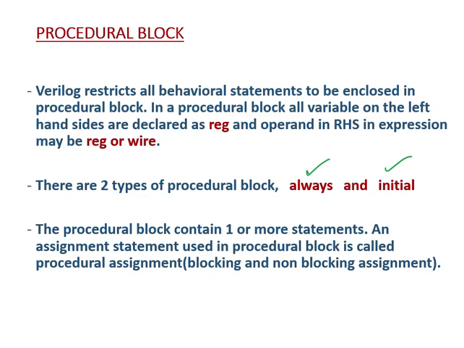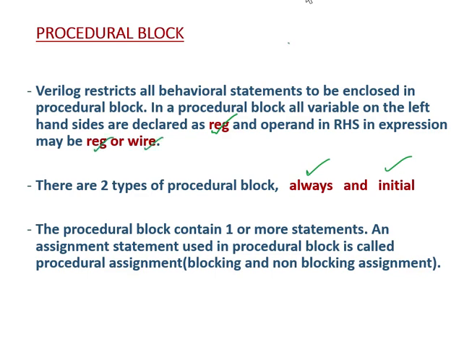In a procedural block, suppose I want any kind of declaration of variables inside always or inside initial block, then that variable has to be on the left side. And the variable on the left side has to be declared as reg. And the operand on the RHS, or right hand side, can be reg or it can be wire.